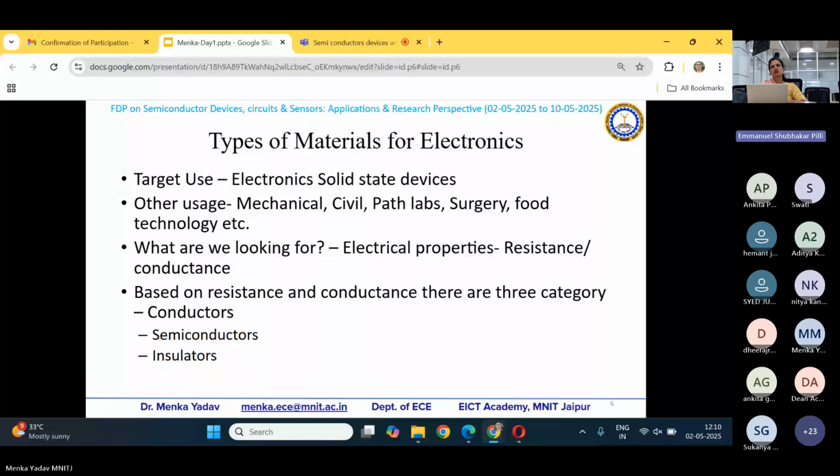For example, steel is one of them. Iron is another. In pack labs, we have different kinds of medical things to check, so we have liquids and related materials.